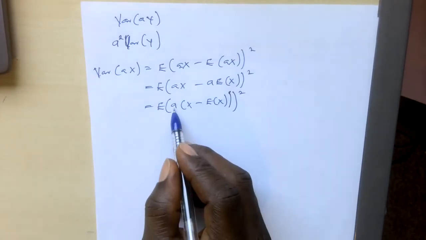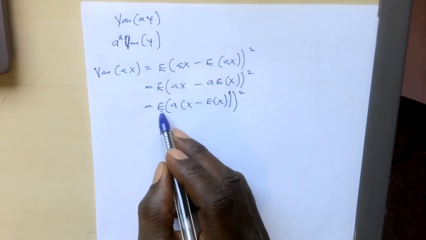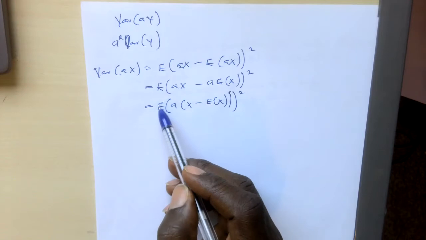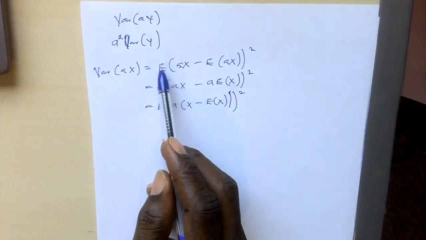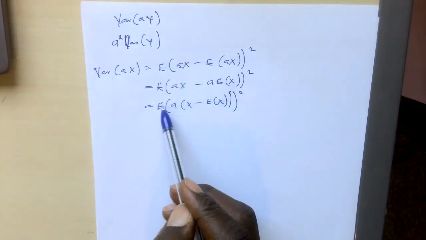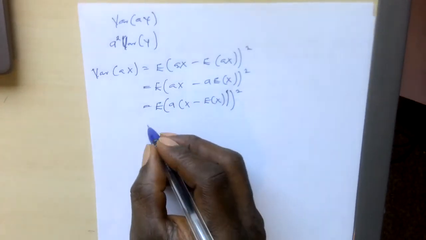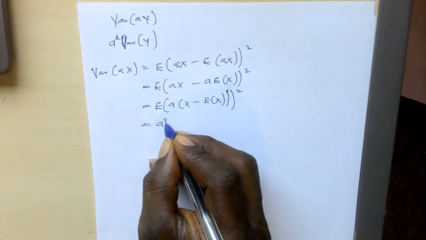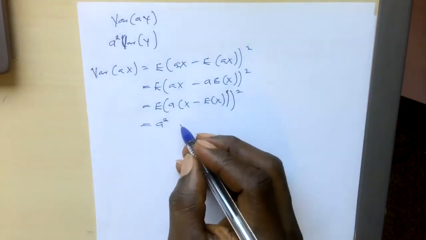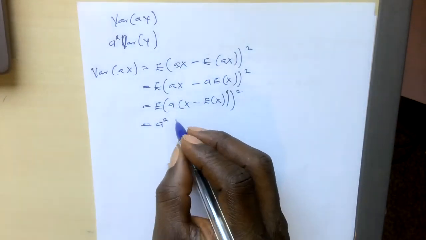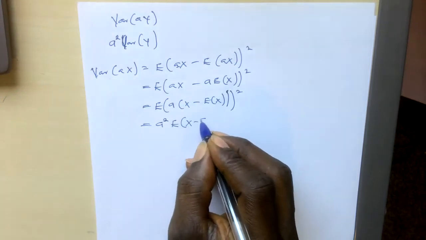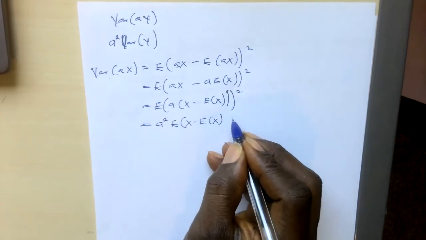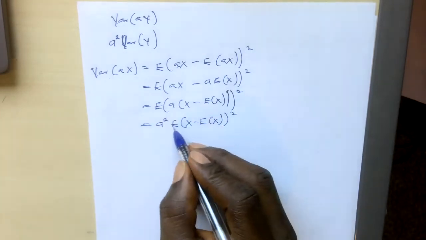From here, this a gets out of the expected value, because that is the expression of the variance. It is turned to a squared. With that a squared, we now have the expected value of x minus the expected value of x, squared.